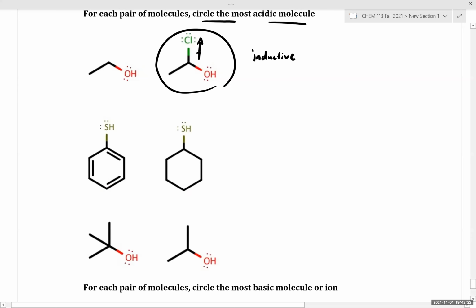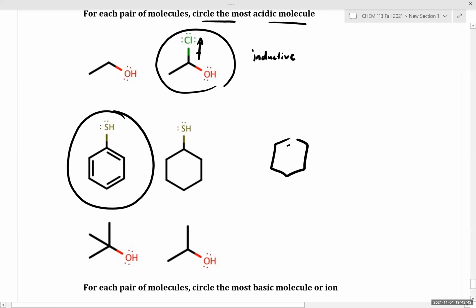What about this pair? We have a thiol as part of thiophenol and cyclohexane thiol. Which of these two compounds would be more acidic? Would it be the one on the left? Yes, and would you be able to provide a reason why?